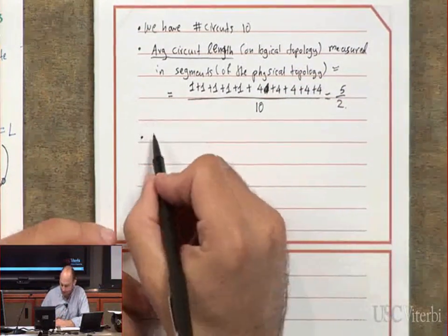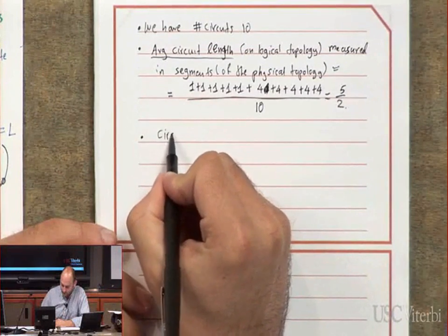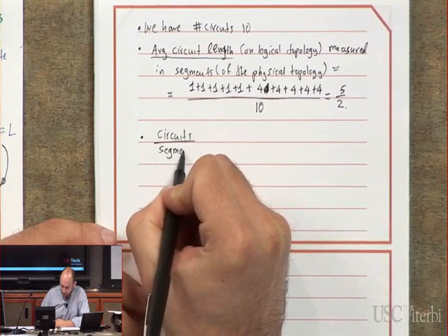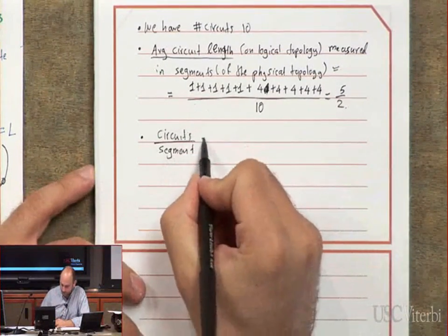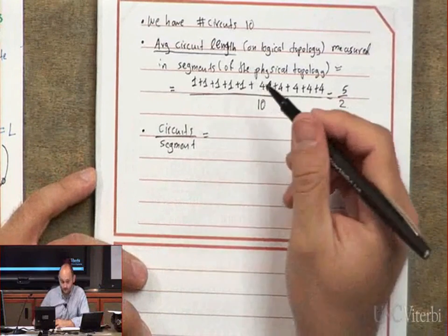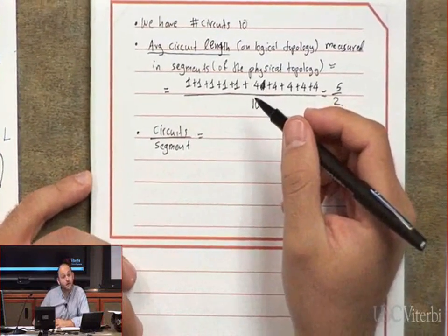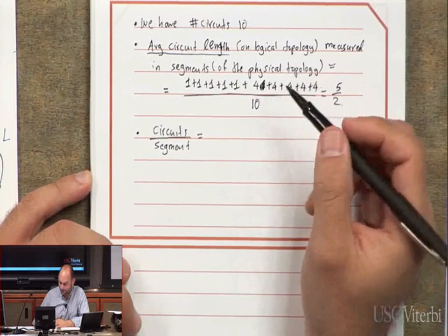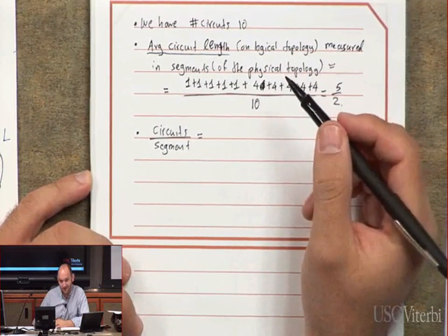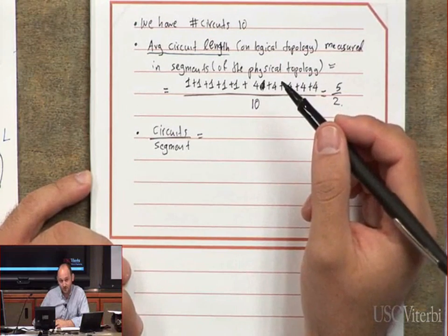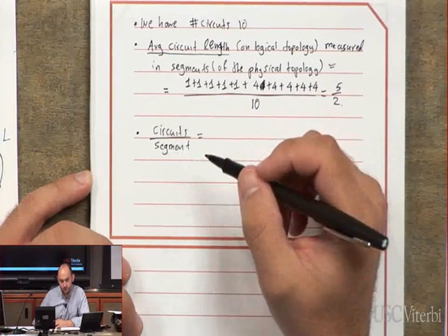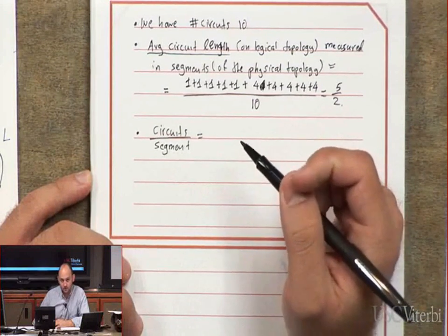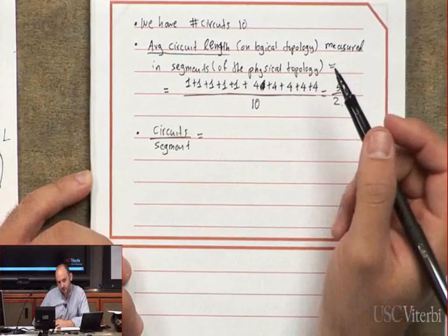So we want to find the circuits per segment, which is equal to what? We have 10 circuits, and in the denominator we want to add the total number of segments that corresponds to these 10 circuits.